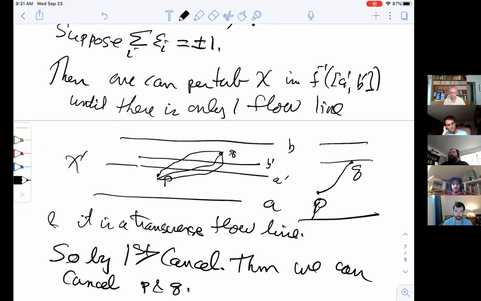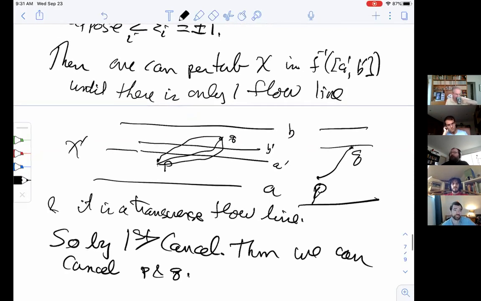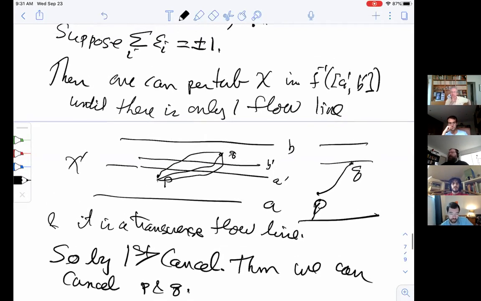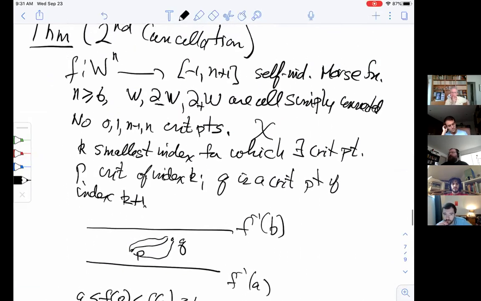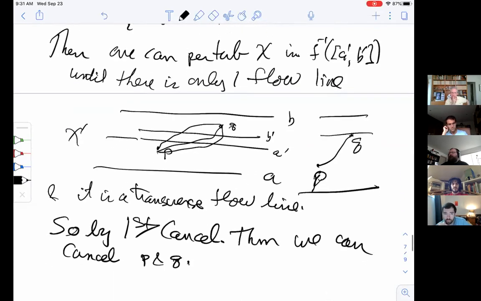It's a way to replace the algebraic intersection number by that geometrically nice single intersection. You then invoke the first cancellation theorem to cancel this pair. So that's the stronger second cancellation theorem. Any questions about that?